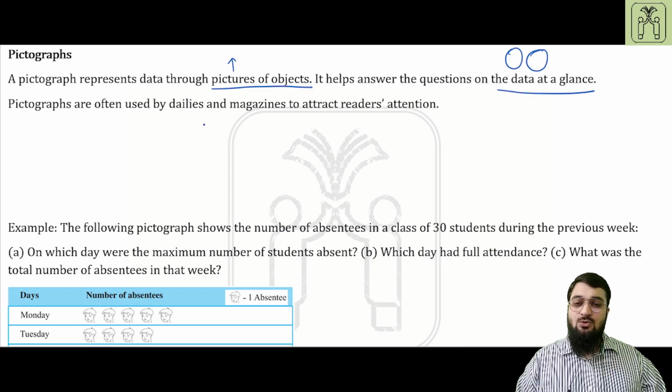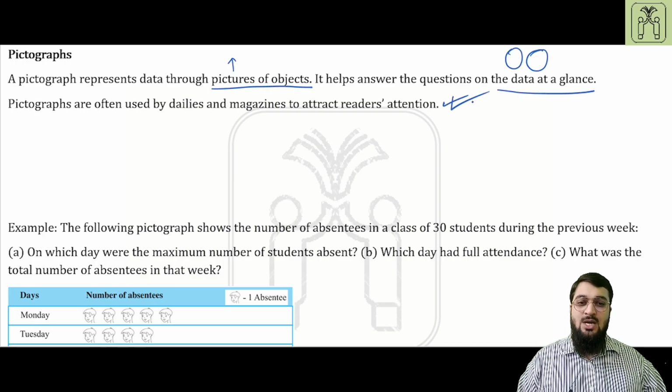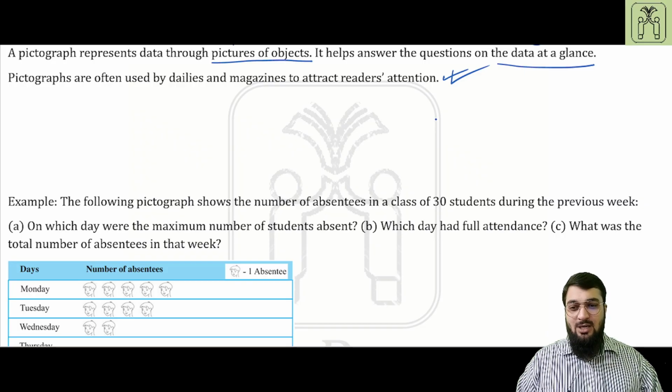Pictographs are often used by dailies and magazines to attract readers' attention. This is what we discussed in our previous video, as to why newspapers, dailies, and magazines use pictographs to represent things which are to be advertised or marketed.